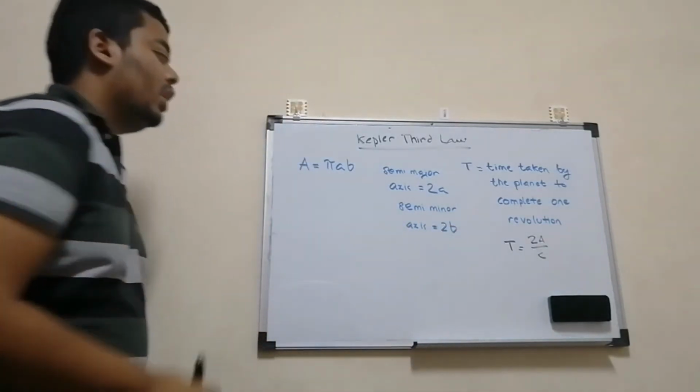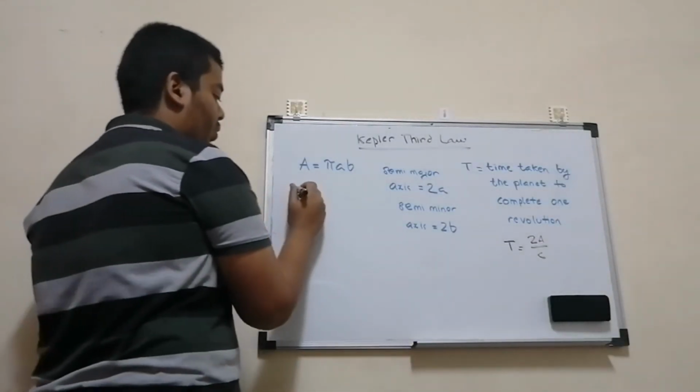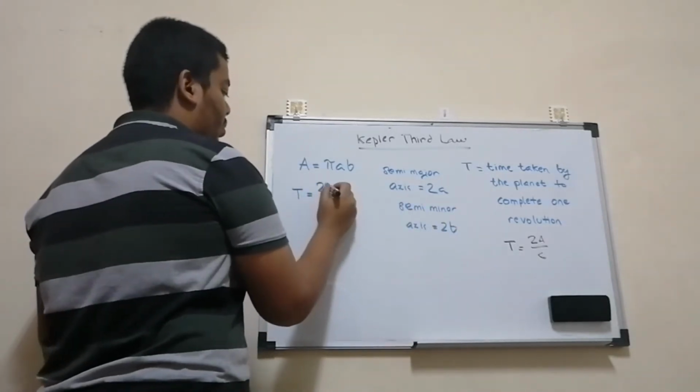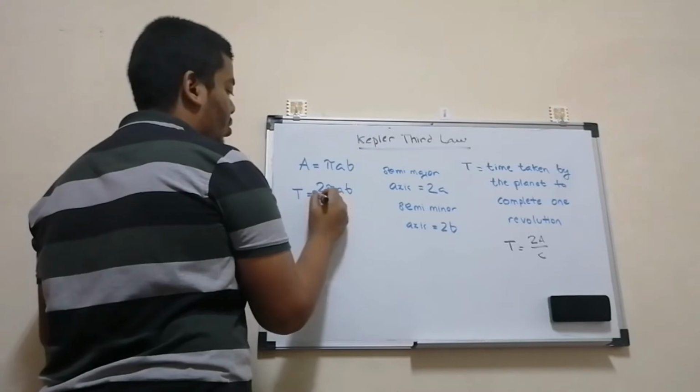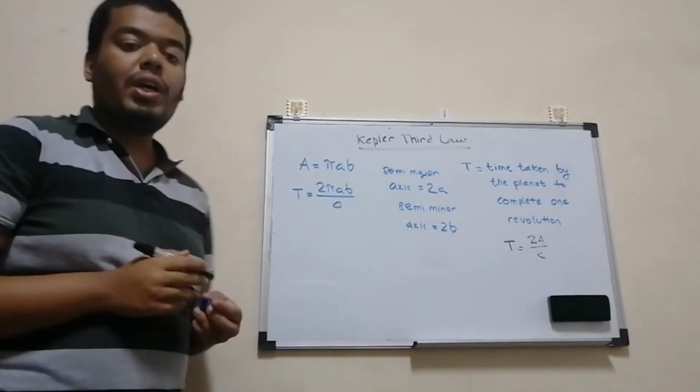Okay. Now what I'll do is take the time formula, the T formula, and replace the area, so T is 2 pi AB over c. There you go. Perfect.